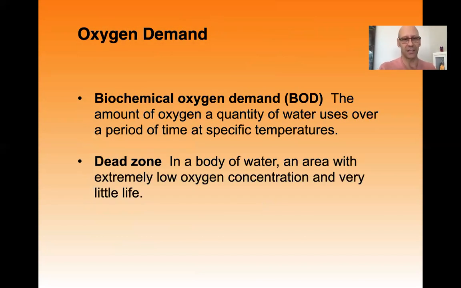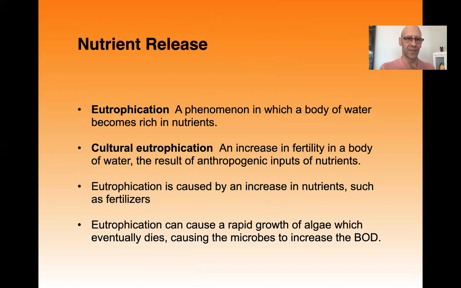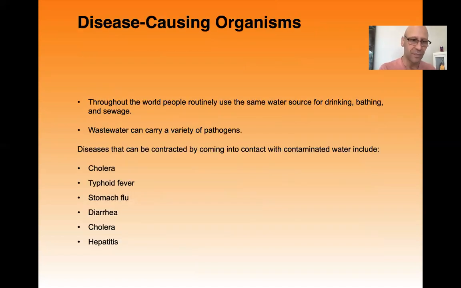We talked about the dead zone, and also about this concept of eutrophication. A eutrophic body of water is a body of water that is overly fertile, which causes huge algae blooms. The algae dies, the bacteria consume the algae, and then use up all the available oxygen.